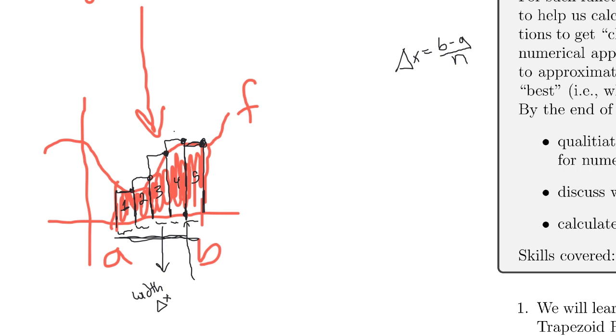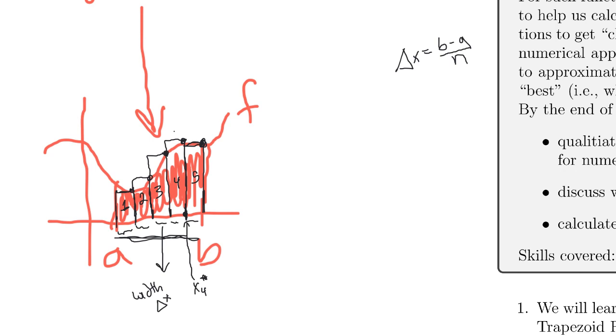To make sure that my notation is consistent for later, I'm going to call that x sub 4 star. But it's simply a chosen x value inside that interval.